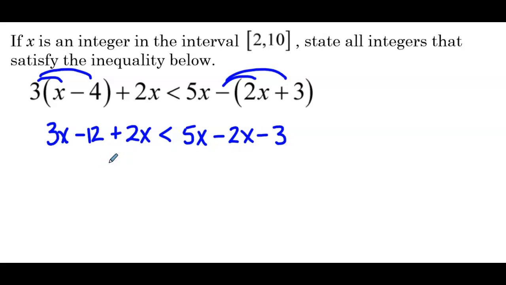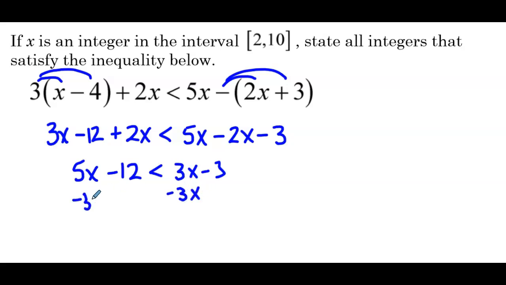Now we can combine like terms on both sides. So we have 5x minus 12 is less than 3x minus 3. Subtract 3x from both sides. So we have 2x minus 12 is less than negative 3.